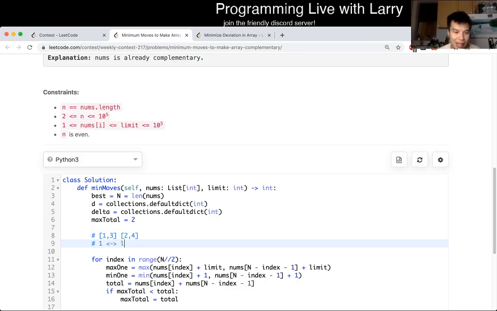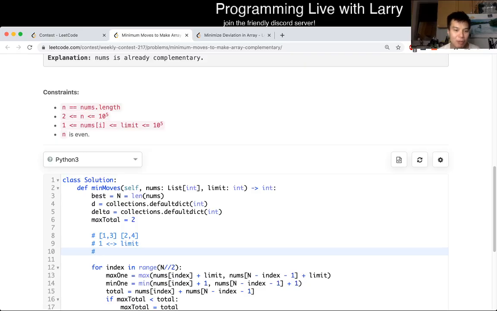So that means that the smallest number here, one case is noting that you can always get an answer by just changing all of them to ones, for example, right? But that's at most going to be, the answer is going to be n, which is why I set the best to n.